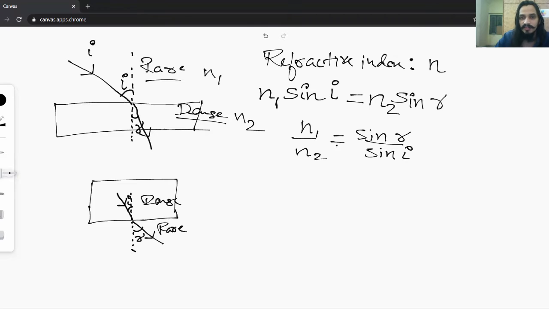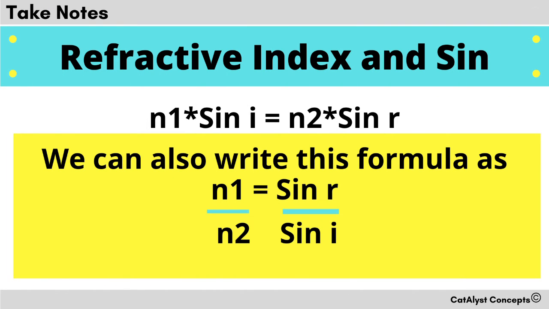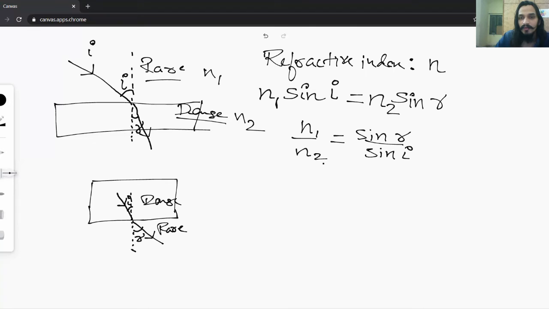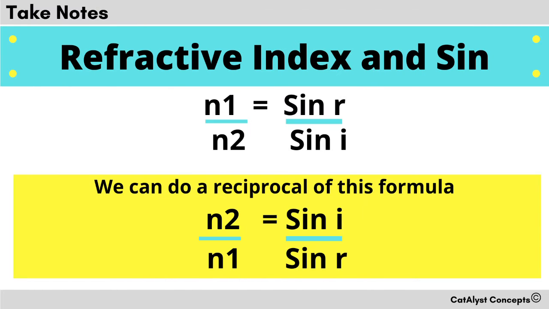There's no difference as such. You can use it in any form. Now, if I have to reciprocal this, I'll say N2 divided by N1 equals sine I divided by sine R.